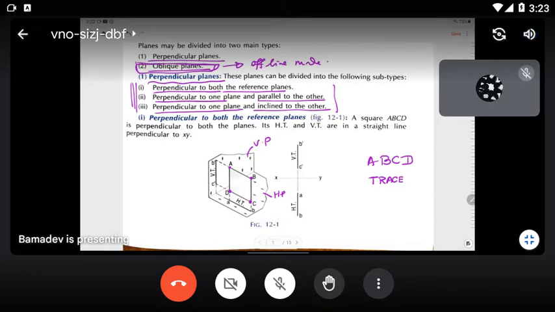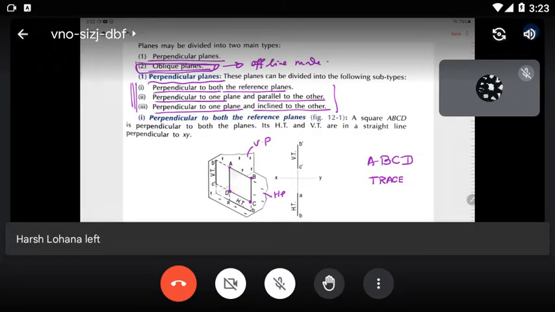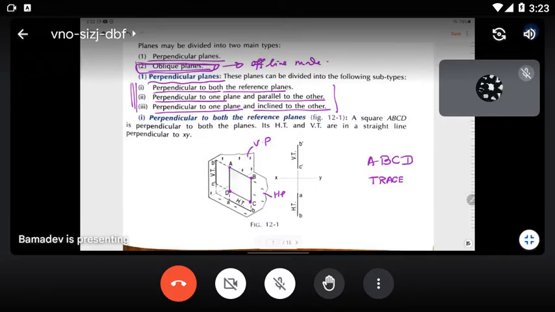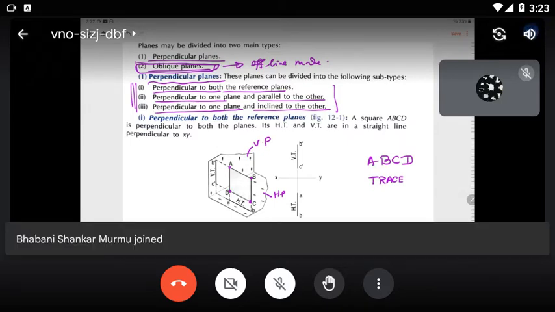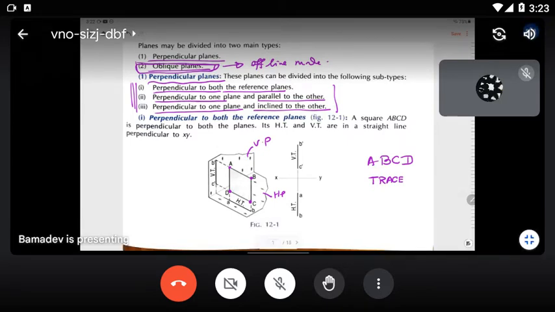This plane ABCD, when extended, will definitely intersect with the vertical plane, and at their intersection you will see a straight line. Are you able to visualize it? If the plane ABCD is extended towards the vertical plane, then it will intersect with it, and as a result a straight line will be generated.